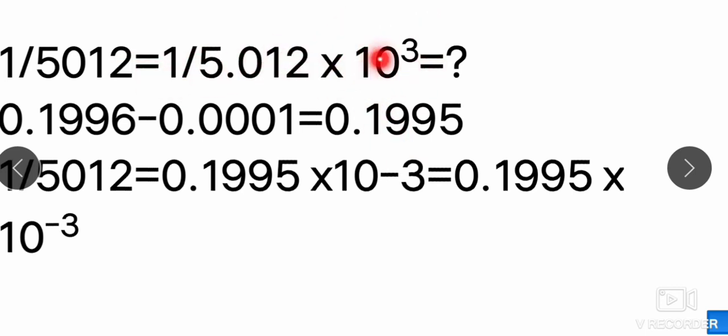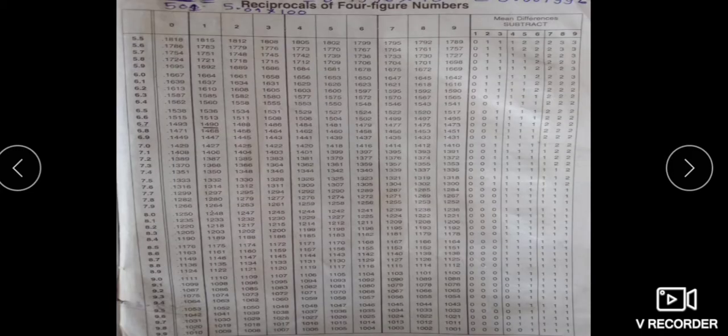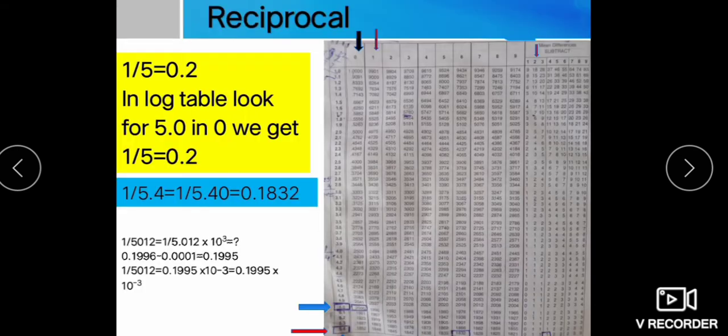From the denominator it will become minus 3. So the total value we get is 0.1995 into 10 raised to minus 3.